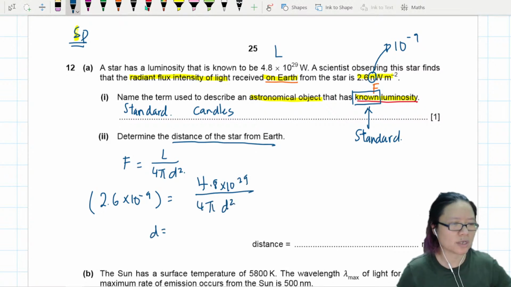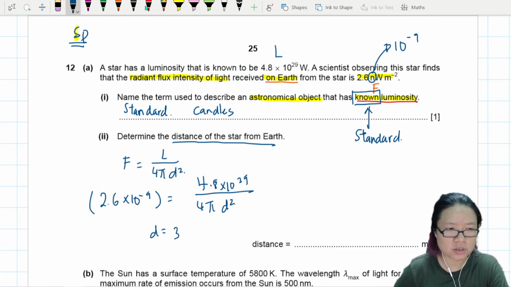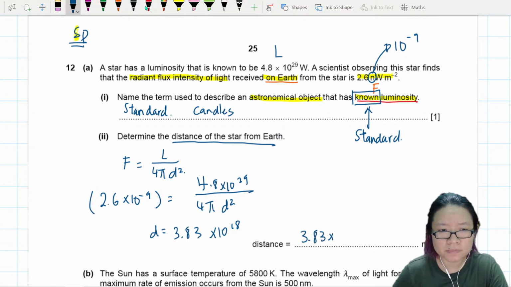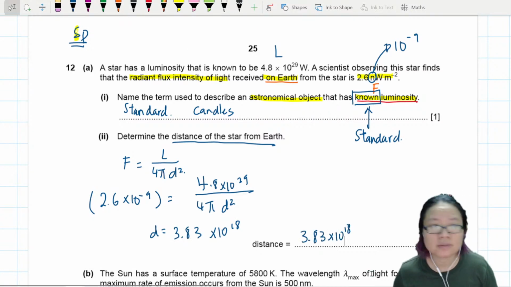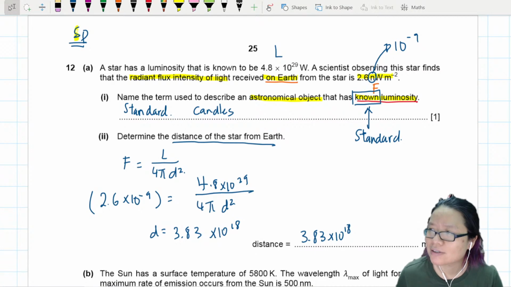You can show the substitution and immediately just calculate, because it's only 2 marks, so I'm not going to be too concerned about showing the algebraic solution. The answer that I have is 3.83 times 10 to the power of 18 meters. It should be far, far away because the nanowatt is really, really small.